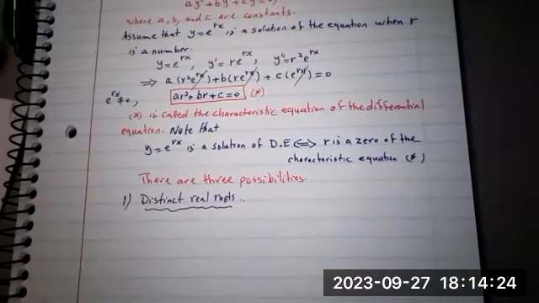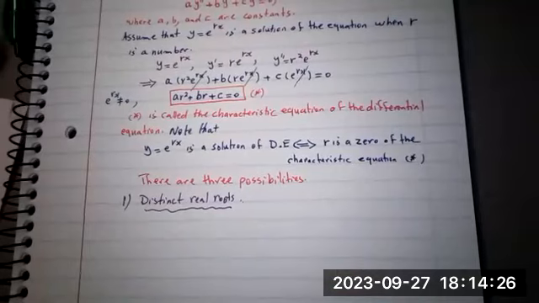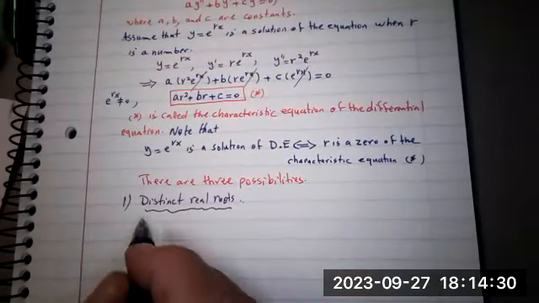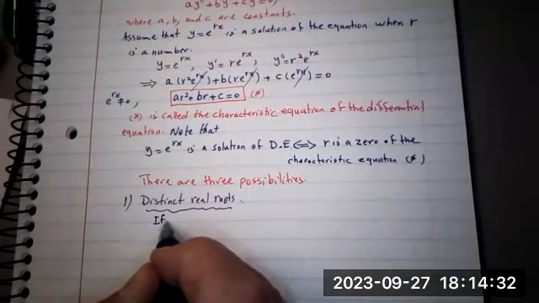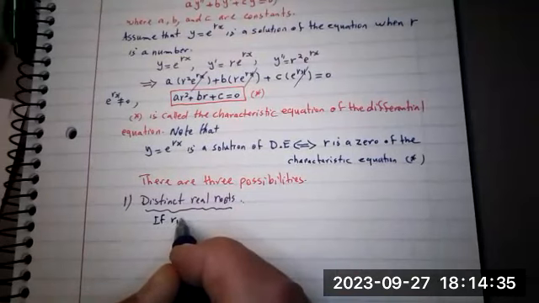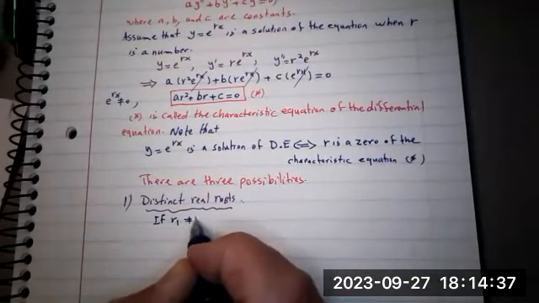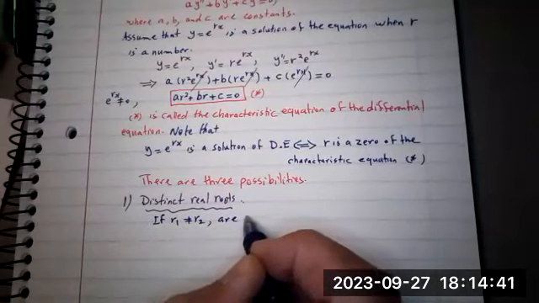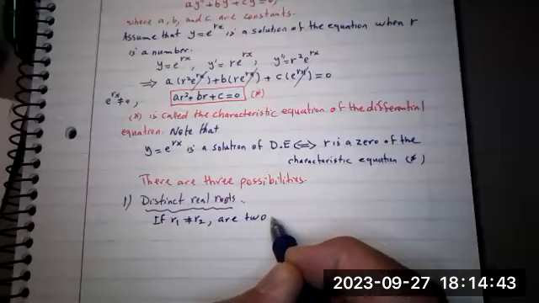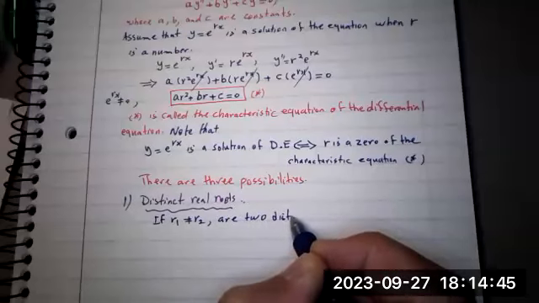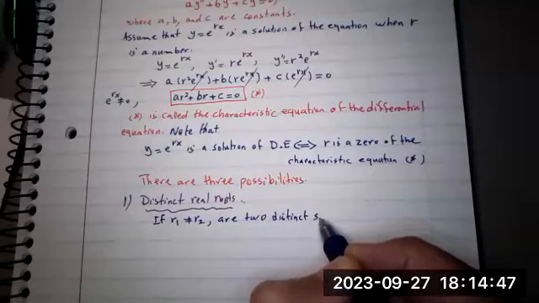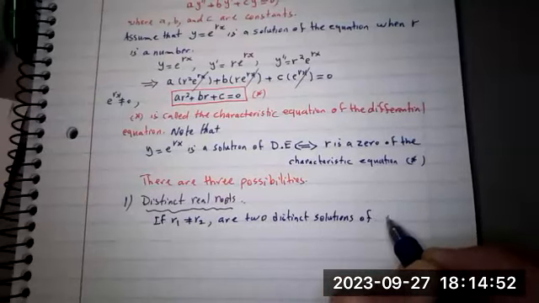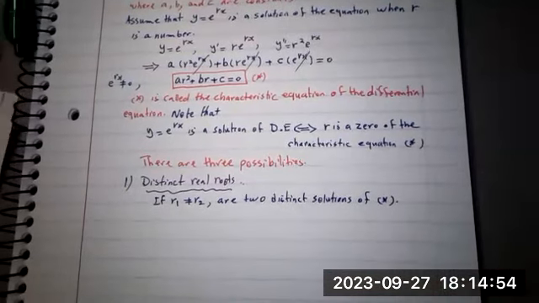So suppose you solve the star equation and you get 2 solutions, okay? So this is it. If R1 is not equal to R2, there are going to be 2 distinct solutions of the star equation, the characteristic equation.